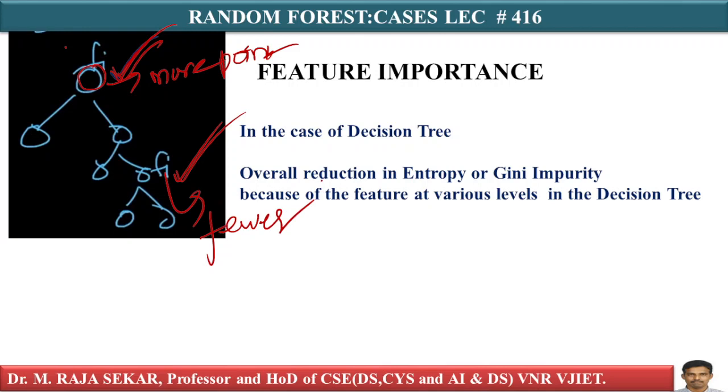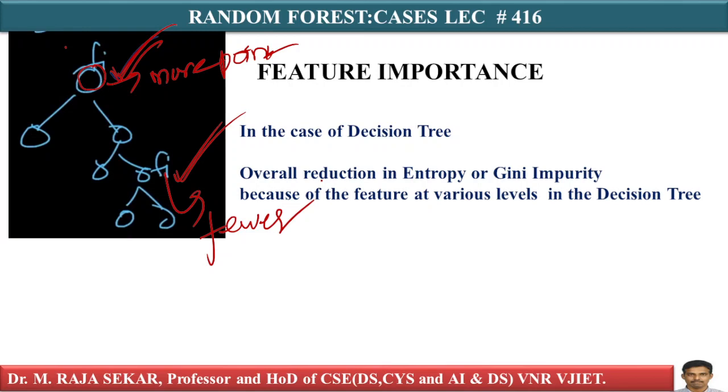So there is some weighted scheme that works out here. The intuition is basically which feature contributes to reducing your entropy or reducing your Gini impurity.